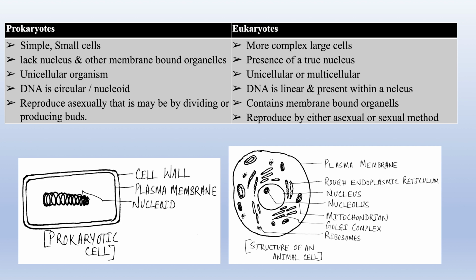There is no differentiation, and the chromosomal material is present at the center in the form of nucleoid. Whereas in the second diagram, you can see there is a clearly differentiated nuclear membrane and nucleus. So, cytoplasm is completely differentiated from the karyoplasm.